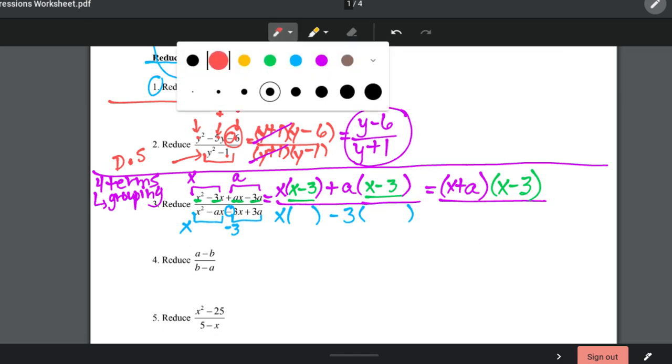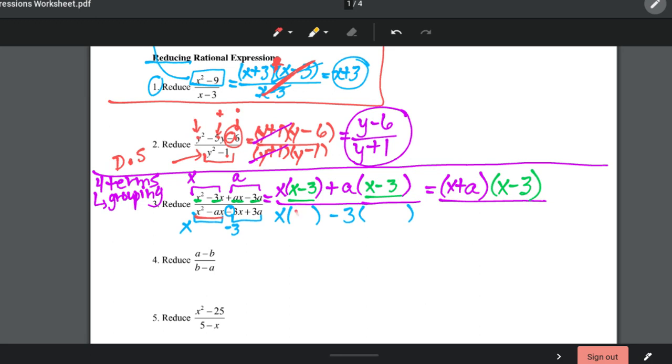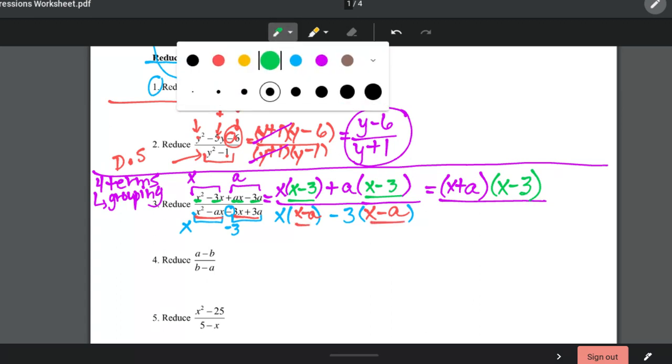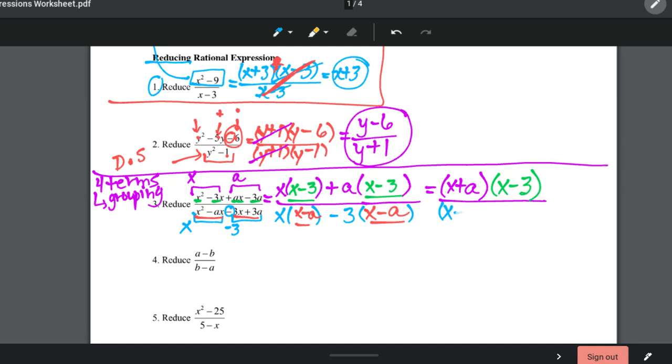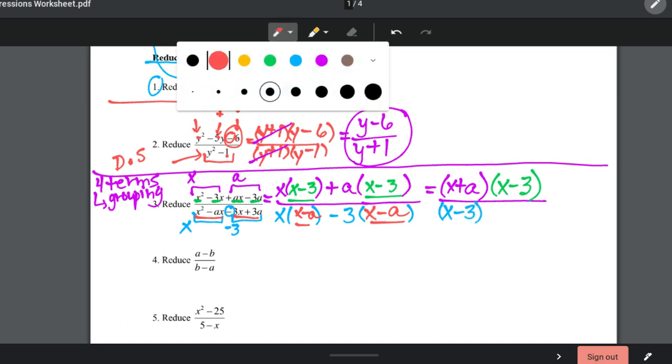When I factor an x out of the first group, I'll be left with x minus a. When I factor a -3 out of the second group, I'll be left with x minus a as well. And again, we see x minus a and x minus a, those are the same. So my final factorization of the denominator is x minus 3 times x minus a.